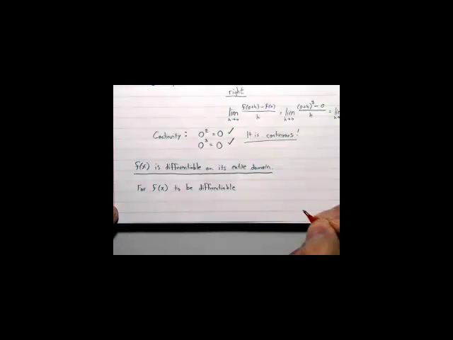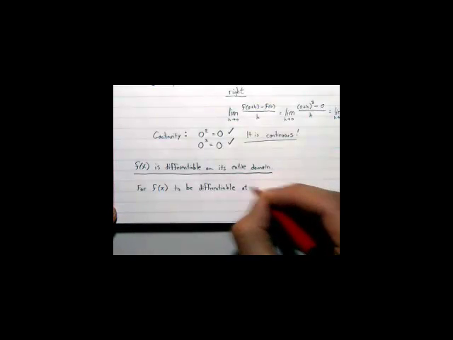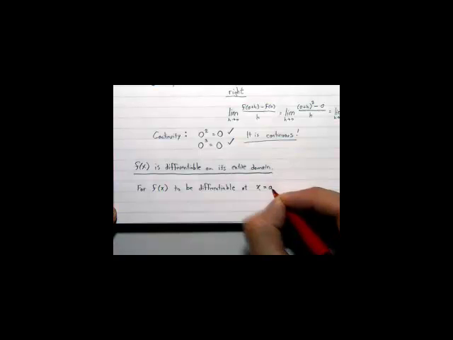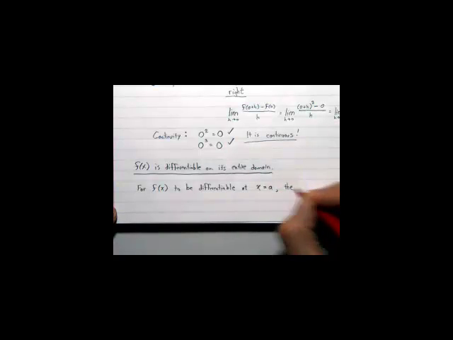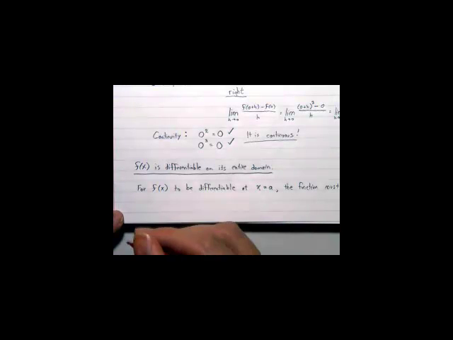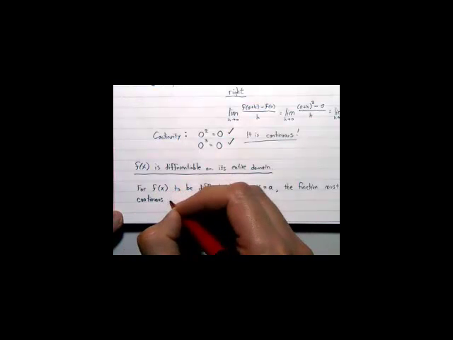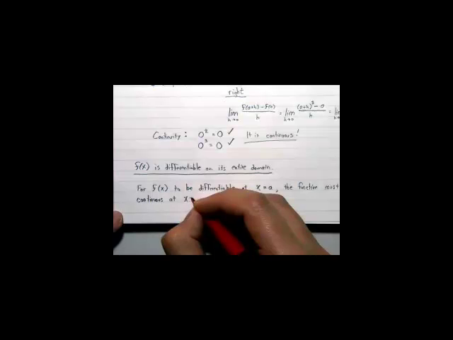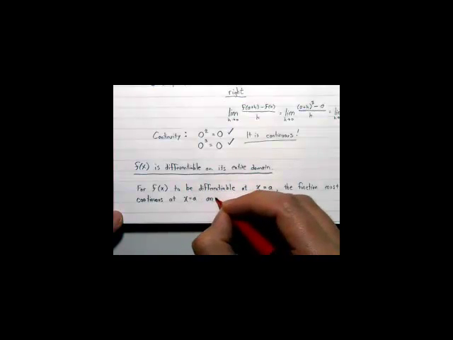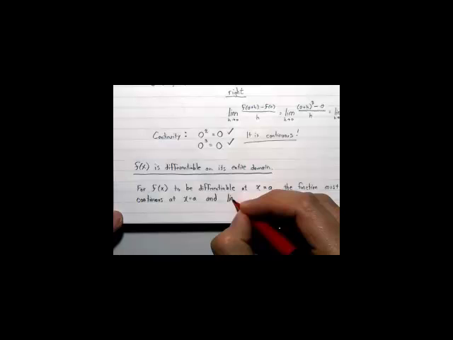So for f of x to be differentiable at some point x equals a, the function must be continuous at x equals a, and the limit as x approaches a.